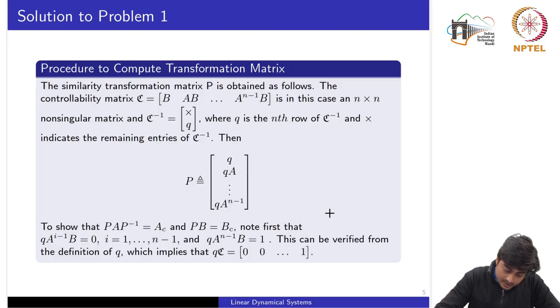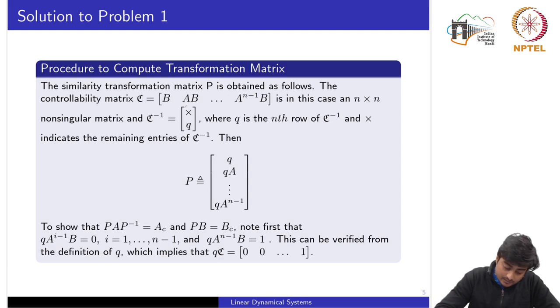The procedure starts here. We write the controllability matrix, which is in the standard form B, AB, up to A to the power n minus 1 B, for an n-dimensional system. After computing the controllability matrix, we compute its inverse, and we take only the nth row of this inverse matrix.